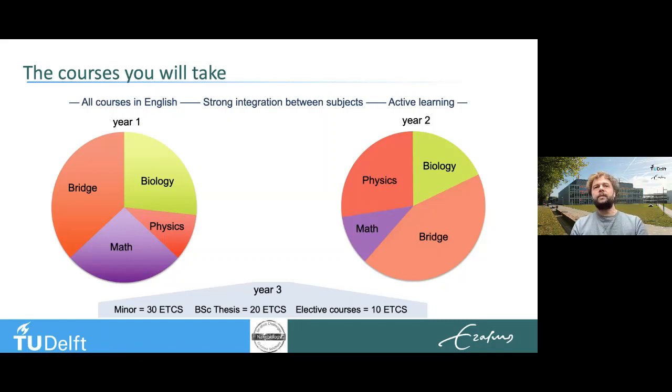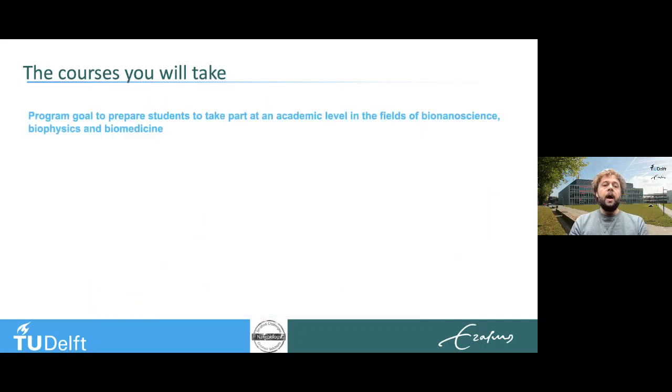If you like to do more biology, then students choose more biology courses. If physics is really your thing, you choose physics courses. And the 3rd year ends with performing your Bachelor of Science thesis, worth 20 study points.